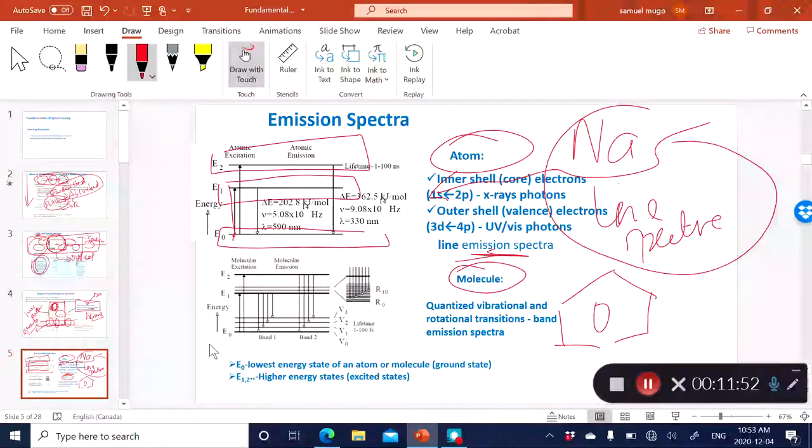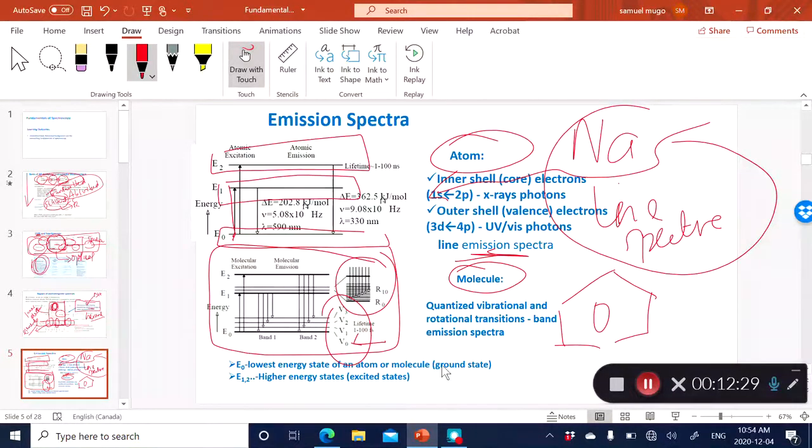On the other hand, molecules have electronic states, but in each of these electronic states, you've got vibrational states. In each of these vibrational states, you've got rotational states. So essentially, at an electronic level, molecules are very, very complex. And that means the electrons can transition in very complex ways between electronic, vibrational, and rotational states, and so on.